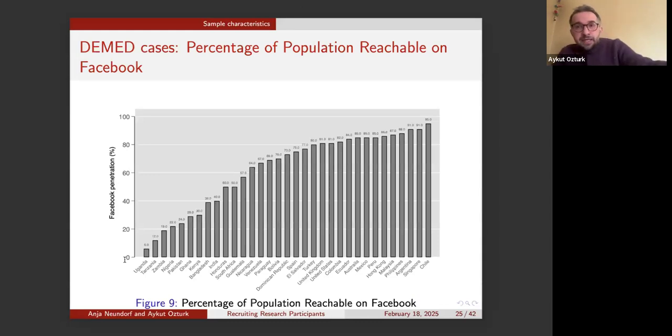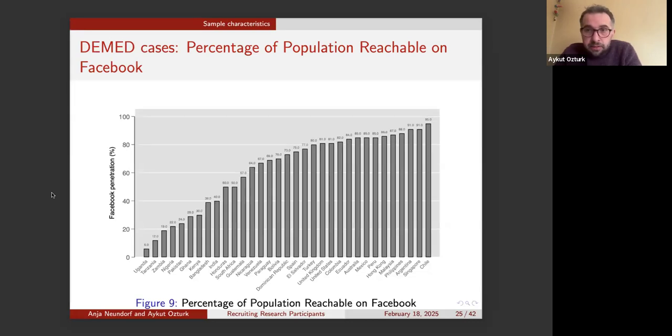Now, of course, the very first thing here is, what is the percentage of population reachable on Facebook? Now, you see the variation across countries in our sample. In general, in Latin American countries, population coverage is great. Like Chile, it was 95% reachable on Facebook.